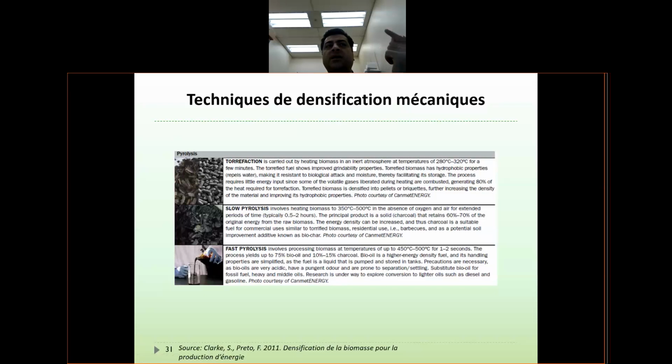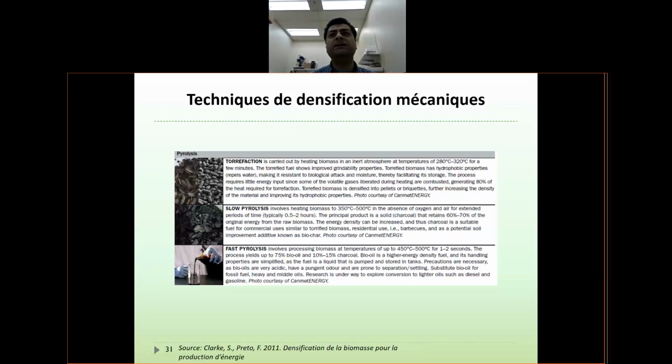So skeletal density is the mass of the particle per real volume of the particle occupied by the solid, not by gas. If you compare the values of the densities, usually skeletal density is more than particle density and more than bulk density. Okay. So talking about bulk density, we are talking about biomass.